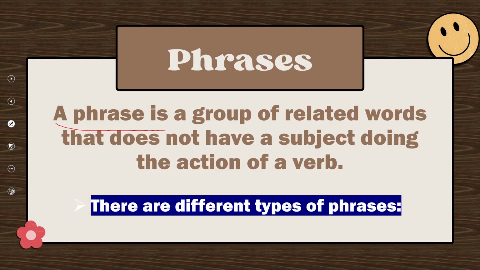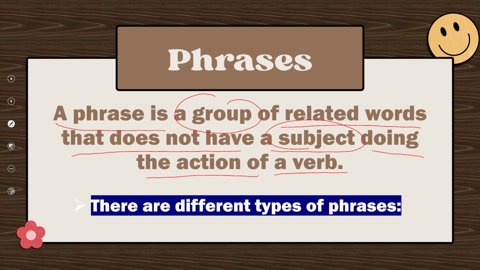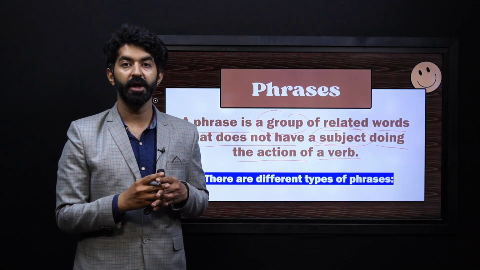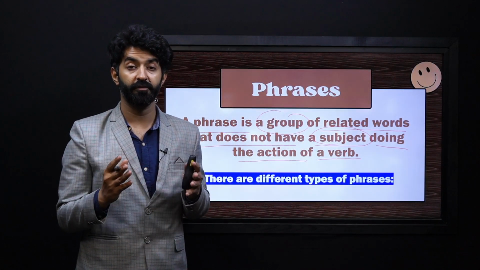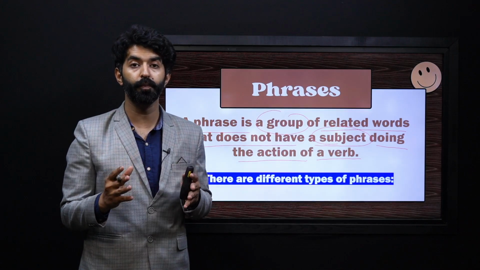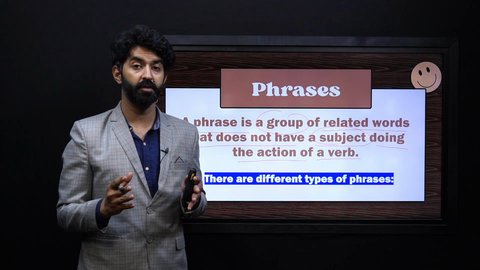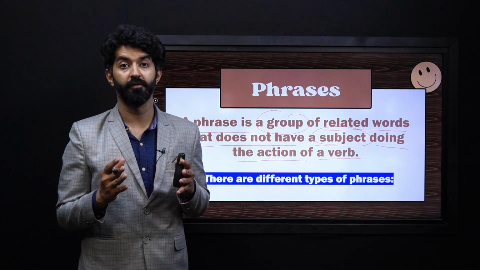A phrase is a group of related words that does not have a subject doing the action of a verb. So first of all, we know that a phrase is a group of words. There are more than one word included in a phrase.